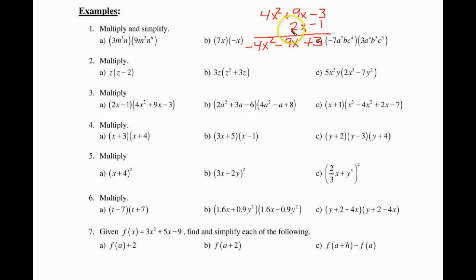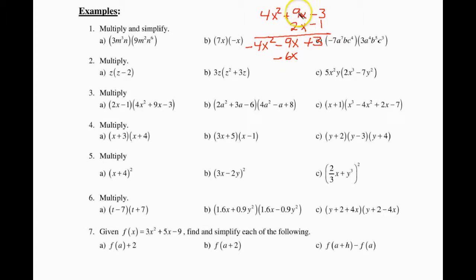Now when we multiply this row, we have 2x times a negative 3. That will give us a negative 6x. Notice I put it in this column, which is the like term column.